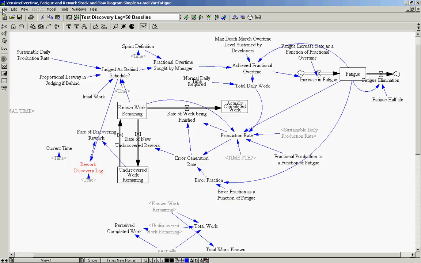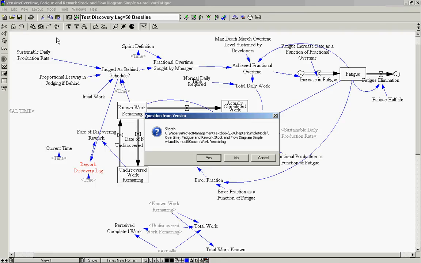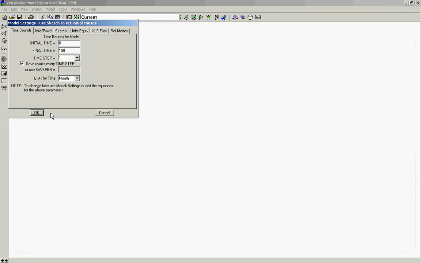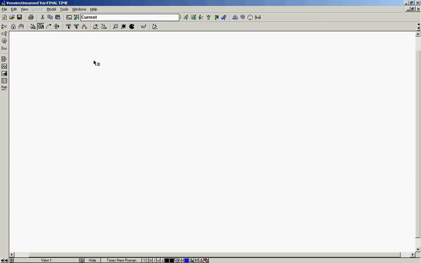If I want to have a new model, sure, I'll save that, and I want to have, let's say, position, for the engineers in the audience. I'm just creating this, and then I might have velocity be a derivative of position.